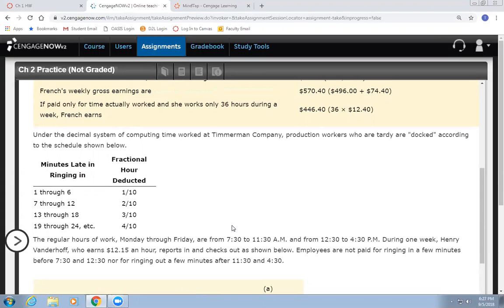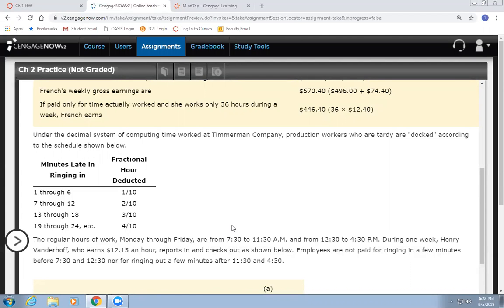Some will go to the 10th, like this one does. Some will go to 1/4 of time, so you report every 15 minutes. So it just depends on how the employer tracks time. Again, this is an example of using fractions of decimals, basically.